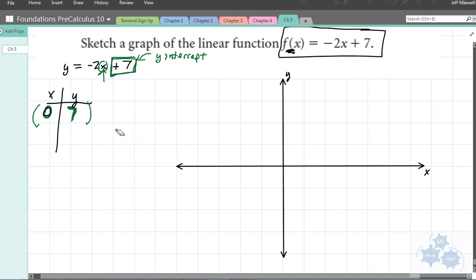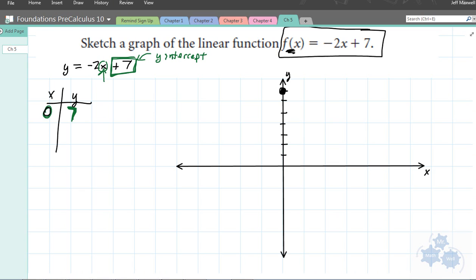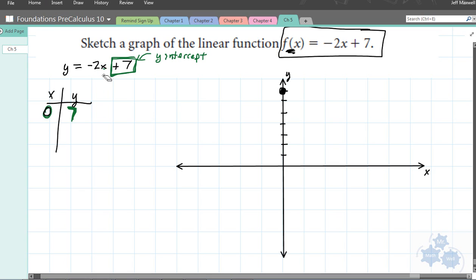So I'm just going to erase here to leave some room, okay? But that means that you can just look at this constant number, the number that doesn't have the x or the variable on it, and you can go, all right, I'm going to go 1, 2, 3, 4, 5, 6, 7. And here is going to be my y-intercept. I know for sure that that point is on this graph. Okay, that's what you know first.